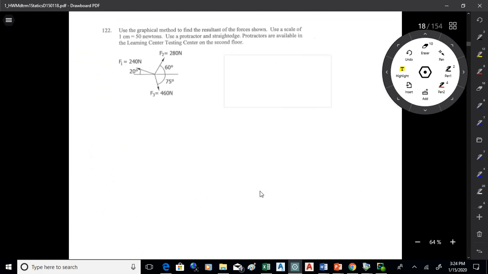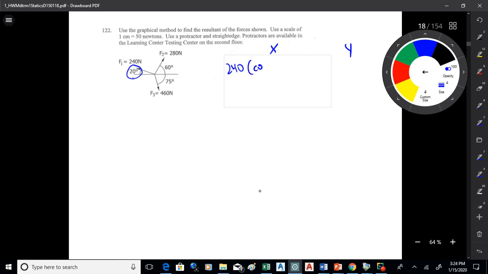So I like to do these in tables. Just set up. What we want to do is find X and Y, and you have the different vectors there to do that with. So what have we got there for F1? We've got 240, and that's 20 degrees, so I'll use the cosine of 20.